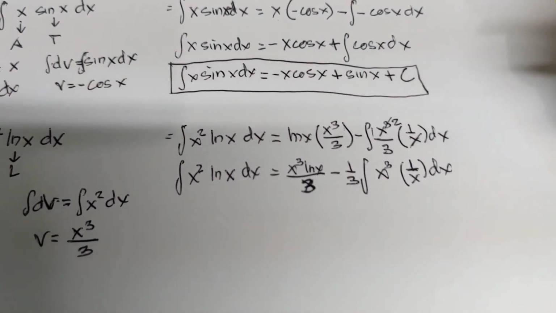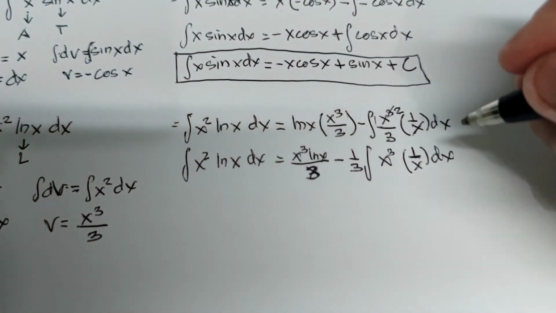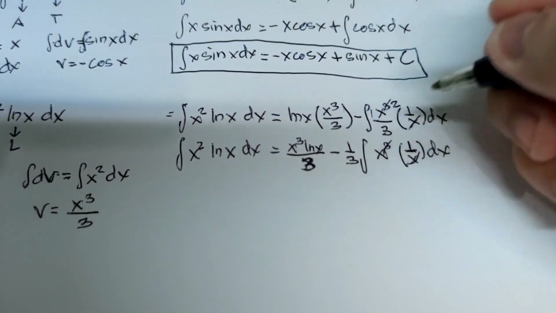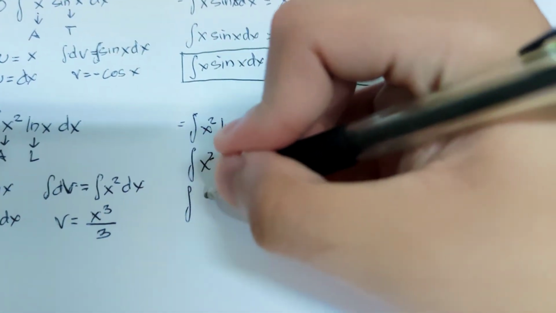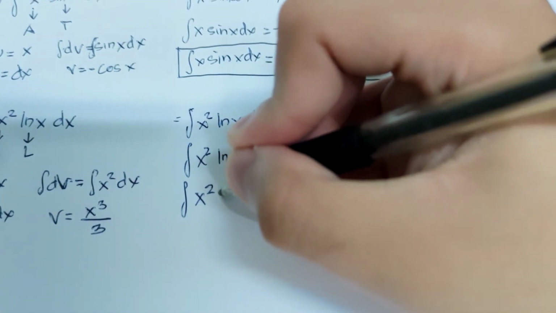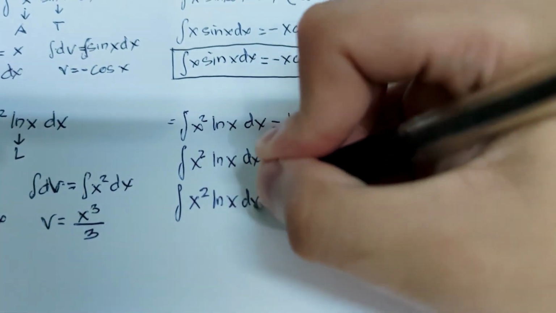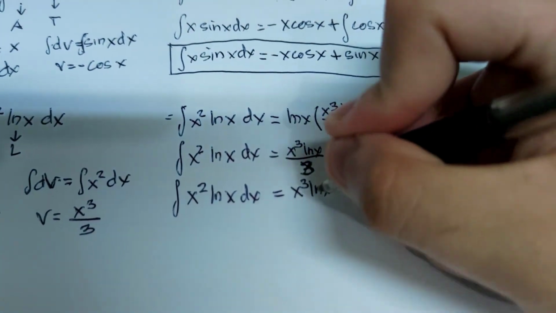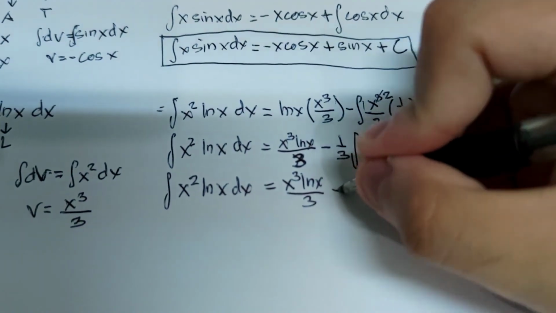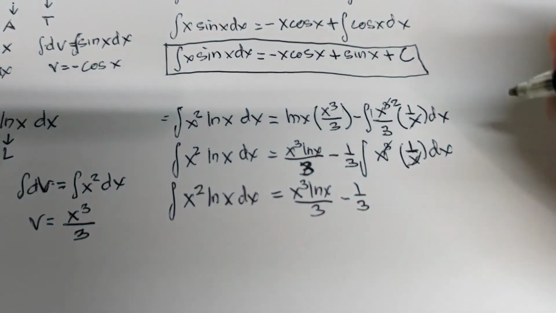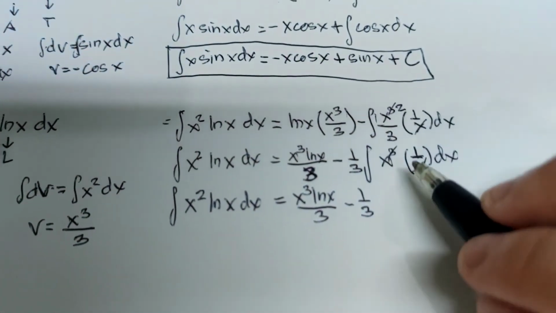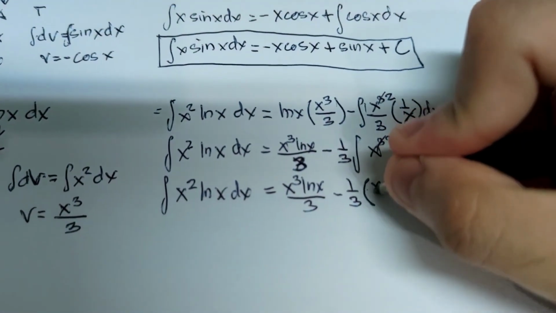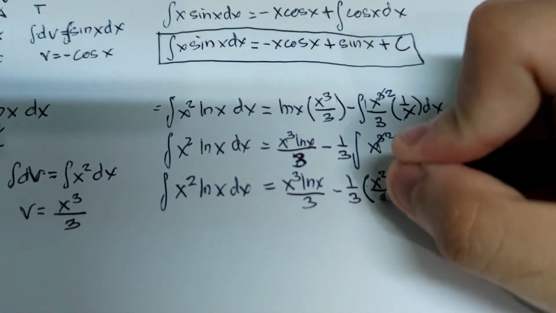Again, we can simplify this. We'll have x squared ln x dx equal to x cubed ln x over 3 minus 1/3 multiplied by the integral of x squared, which will be x to the 2 plus 1 over 2 plus 1.